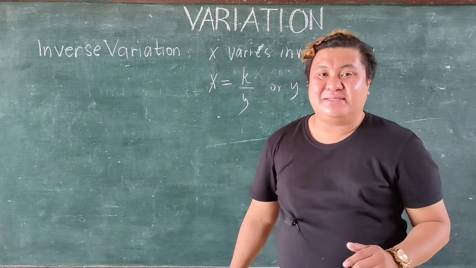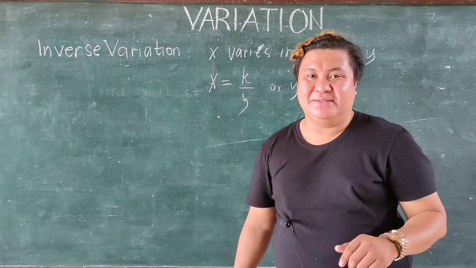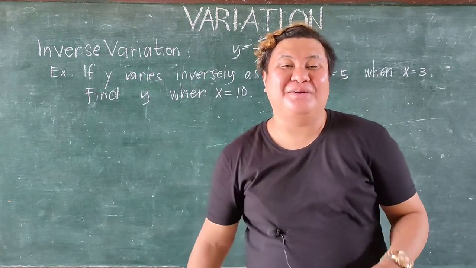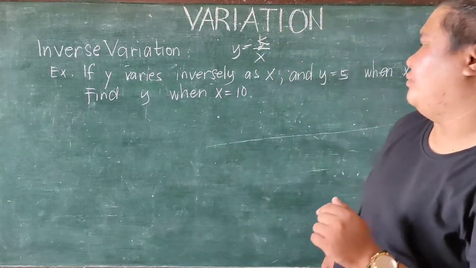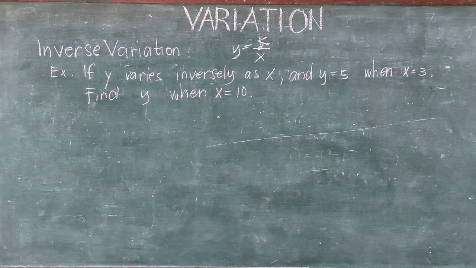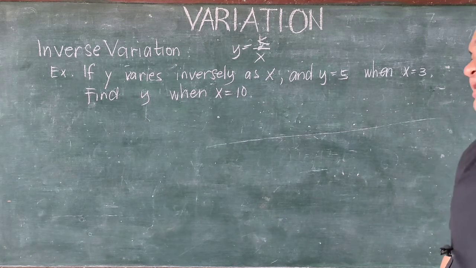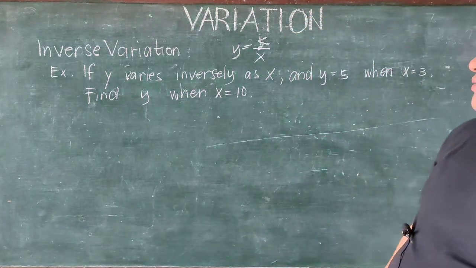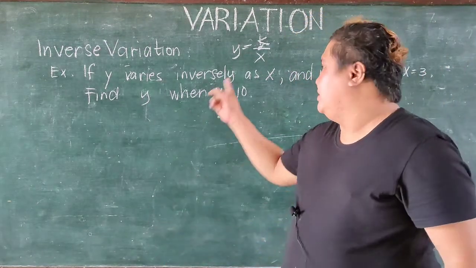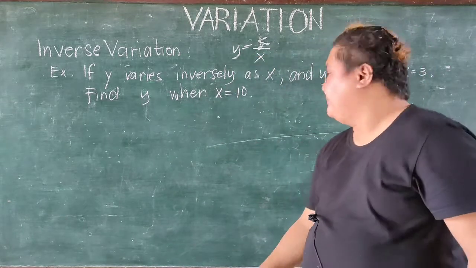And now, let's have example number 1 for inverse variation. If y varies inversely as x and y is equal to 5 when x is equal to 3, find y when x is equals to 10. In the first statement it says y varies inversely as x, so we can use this formula.